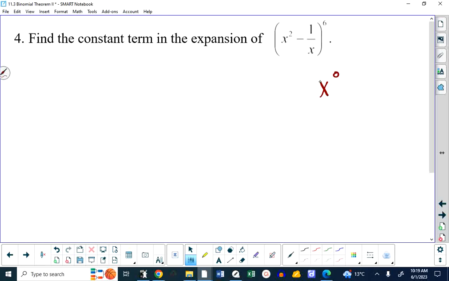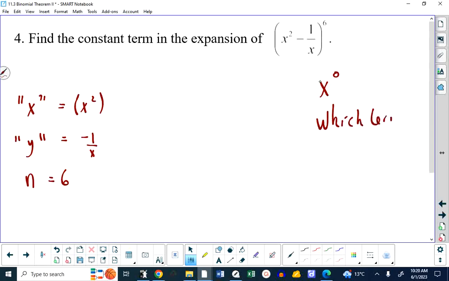And that means that this x squared, which is our x, and this negative 1 over x, which is our y, are going to work together to cancel each other out entirely. N, of course, is 6. We're after which term? Because then we can determine k.